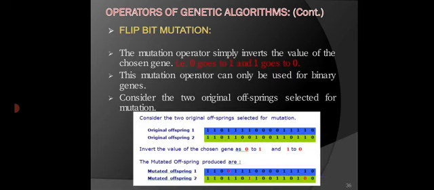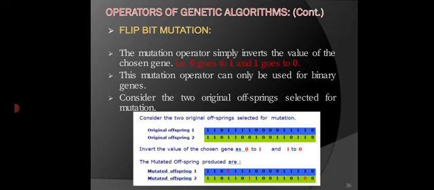Let's see flip bit mutation. The mutation operator simply inverts the value of the chosen genes, like 0 goes to 1, 1 goes to 0, randomly, not all. This mutation operator can only be used for binary genes. The binary encoding method uses the flip bit mutation operator.